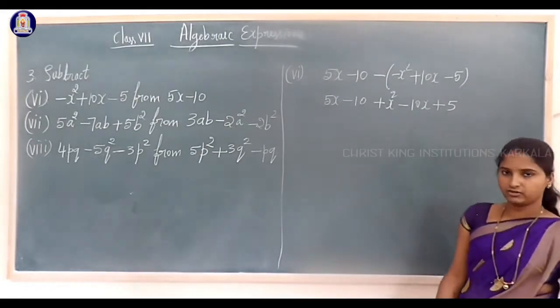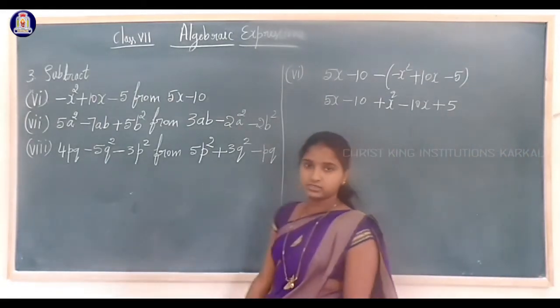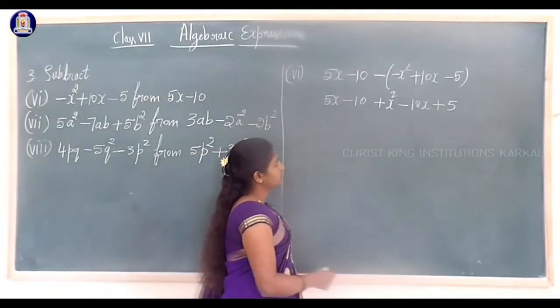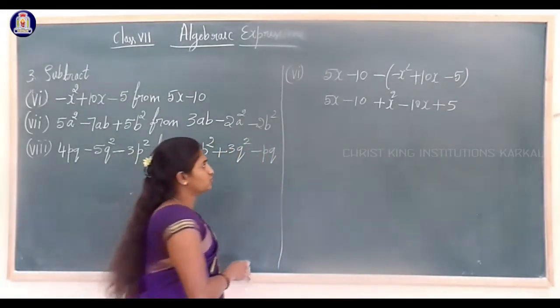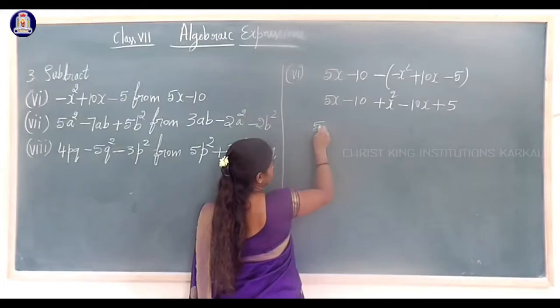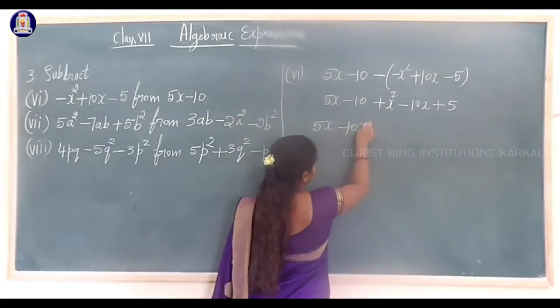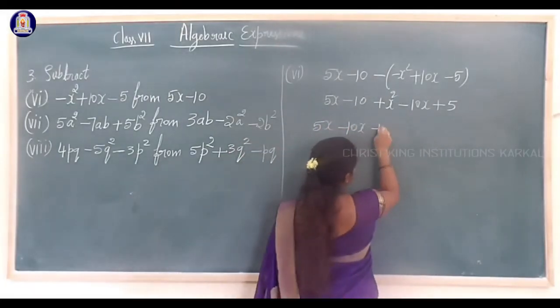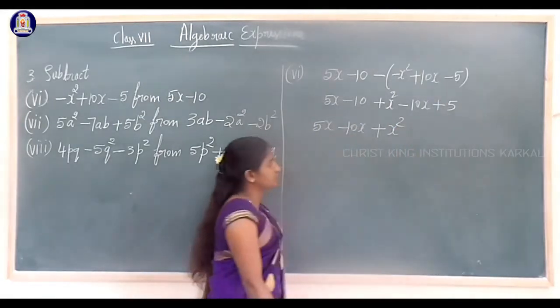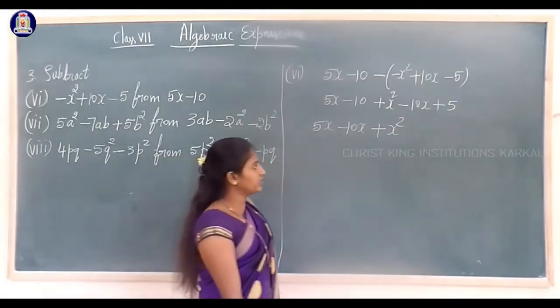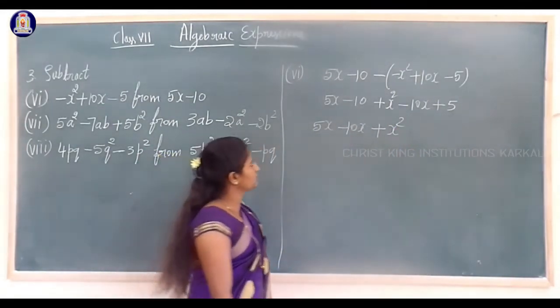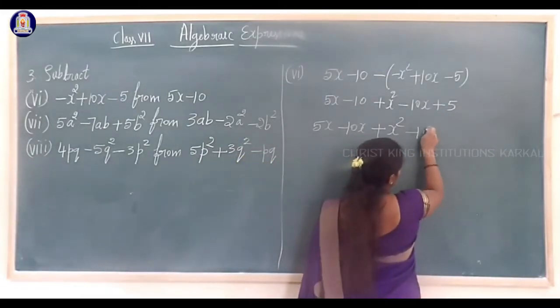You know the rule. You learned it in the integer chapter, isn't it? Yes. So now simplify. Write like terms together: 5x minus 10x, and plus x square. That is only one term, there is no other x square term, right? So minus 10 plus 5.